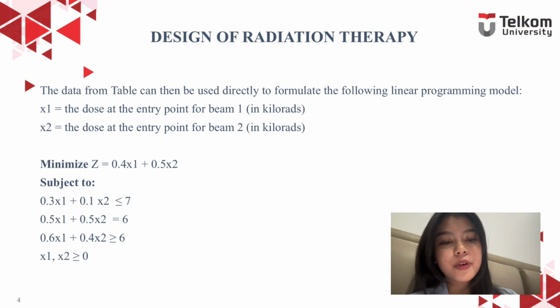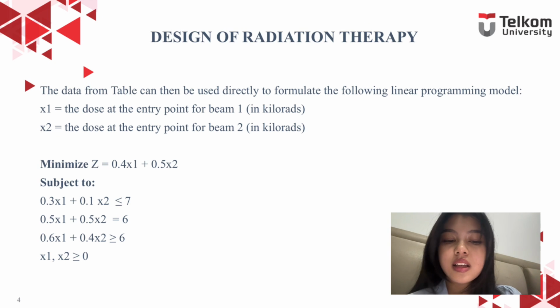The data from the table can be used directly to formulate the following linear program model. x1 is the dose at the entry point for beam 1 in kilowatts, and x2 is the dose at the entry point for beam 2 in kilowatts, and we minimize z.